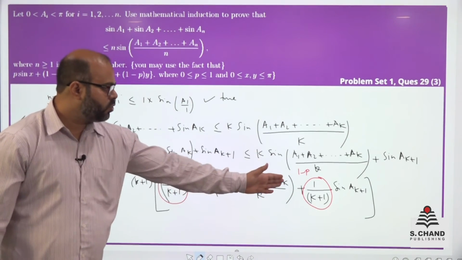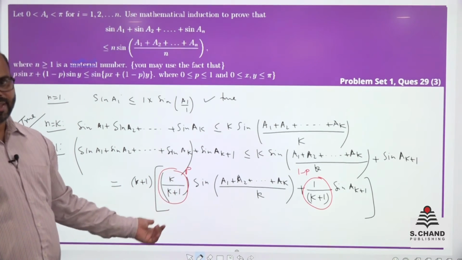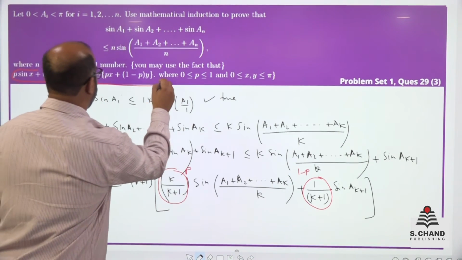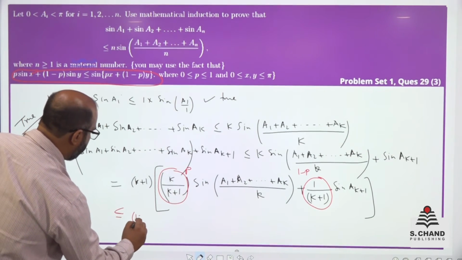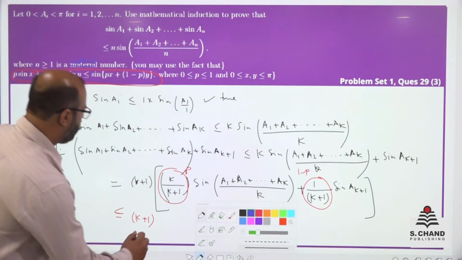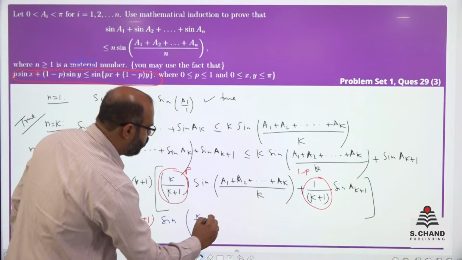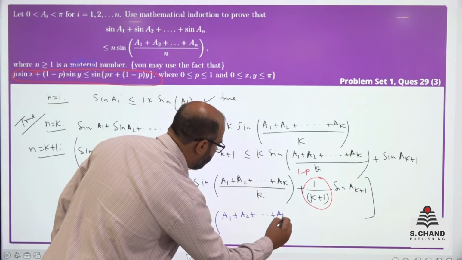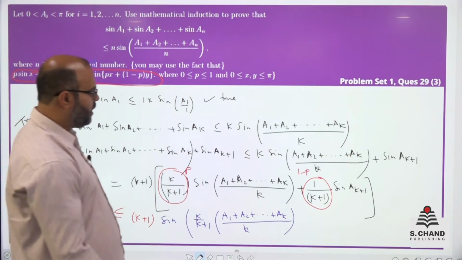So this p, that is also 1 minus p, and p is between 0 to 1 because k is less than k plus 1 and k is a positive number. So by using this fact, we can say that this is less than or equal to k plus 1 multiplied with sin of (px, that is k by k plus 1 into (A1 plus A2 till Ak) by k, plus (1 minus p)y.